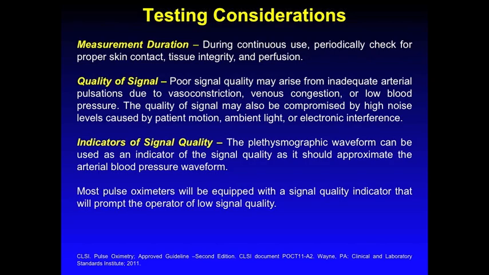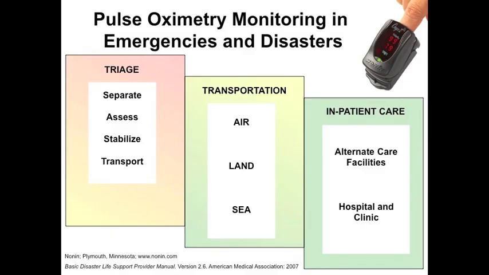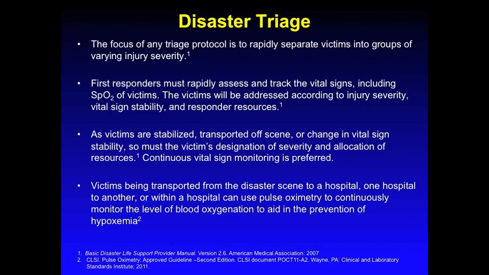In emergencies and disasters, pulse oximetry can most readily be applied to victim triage, transportation, and inpatient care within an alternate care facility or a nearby hospital or clinic. The focus of any triage protocol is to rapidly separate victims into groups of varying injury severity.